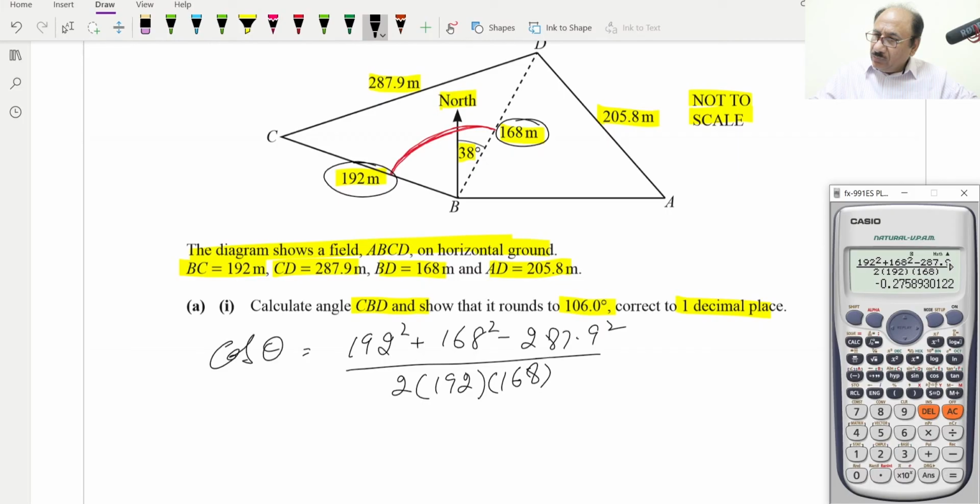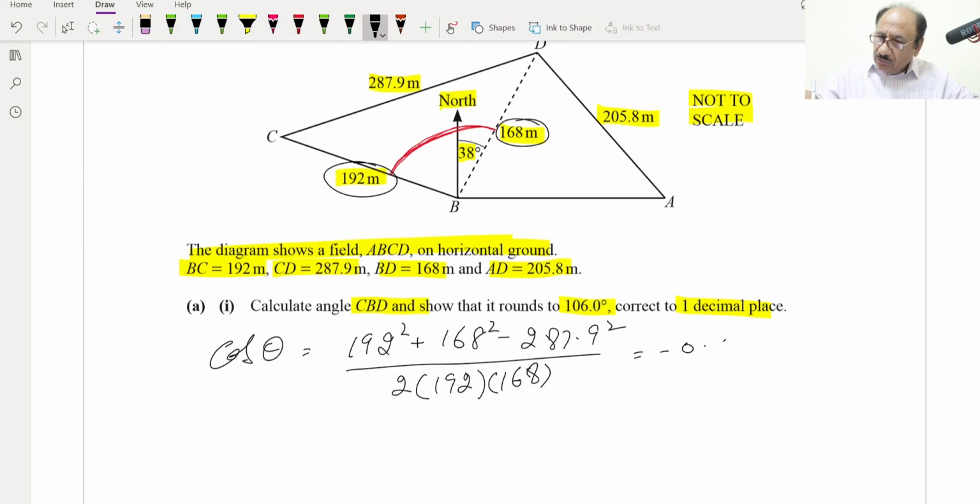We calculate this with the calculator, and this is equal to minus 0.276. Now theta is equal to cos inverse of minus 0.276.